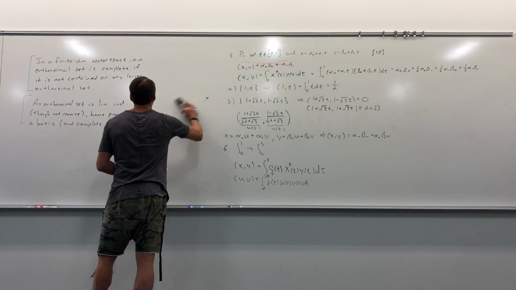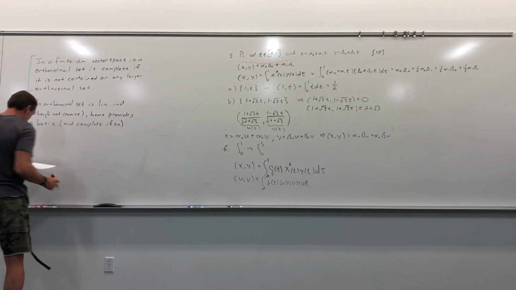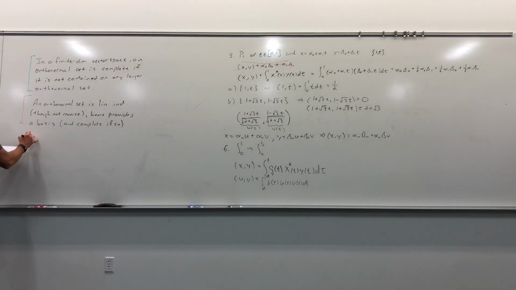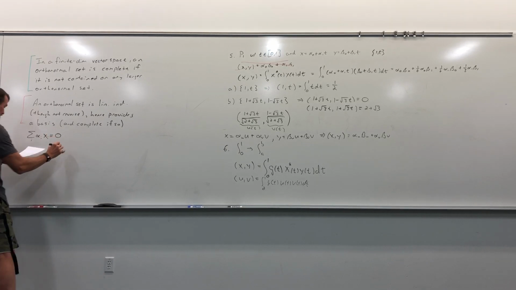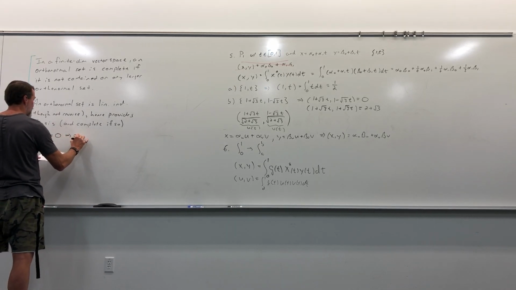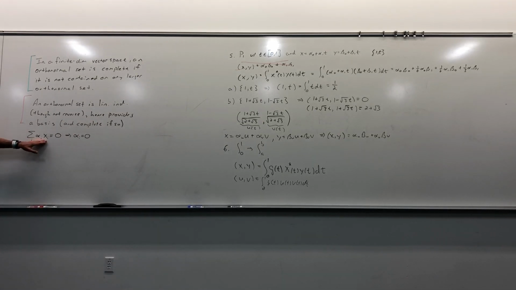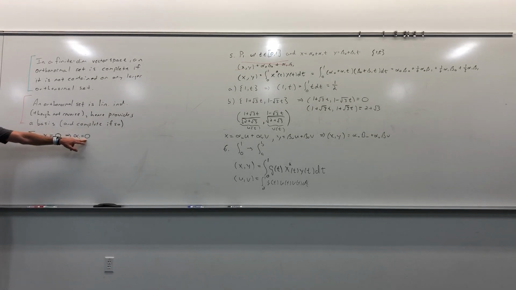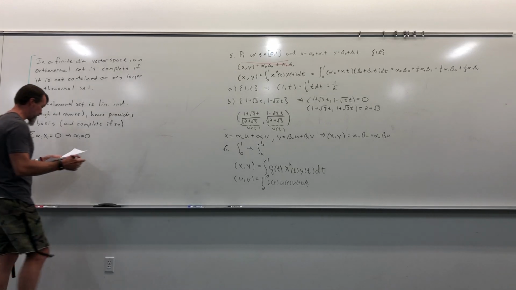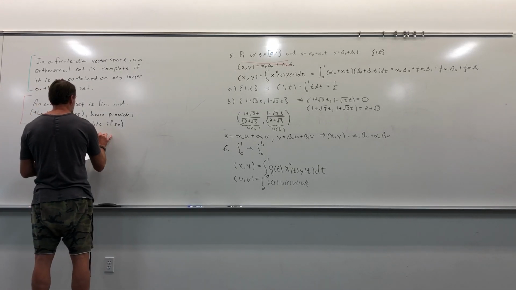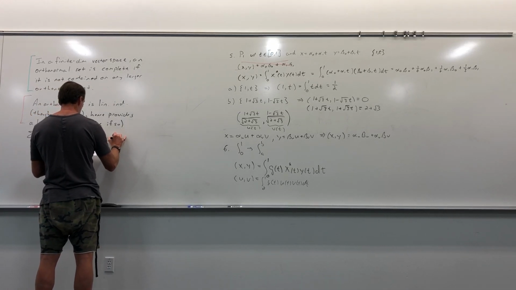Now let's show this. So recall, if we have alpha sum over the components times the basis, if this equals 0, if this being 0 means that all of the coefficients are 0, then this means that the set of basis vectors are linearly independent.